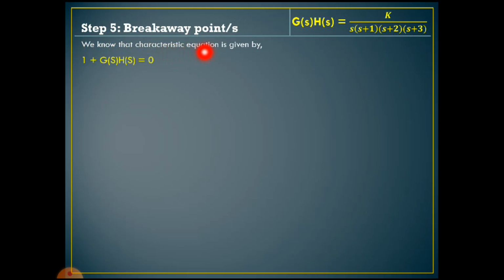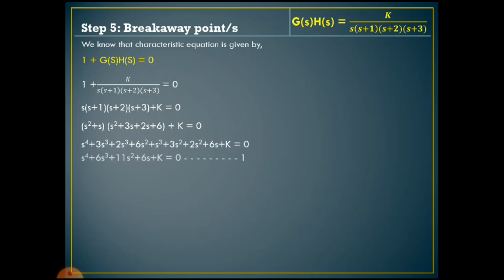We know that the characteristic equation is given by 1 plus G(s)H(s) is equal to 0, and G(s)H(s) is the given problem statement. So you substitute that here, and after the necessary mathematical modifications, you will arrive at the characteristic equation s power 4 plus 6s cube plus 11s square plus 6s plus k is equal to 0.